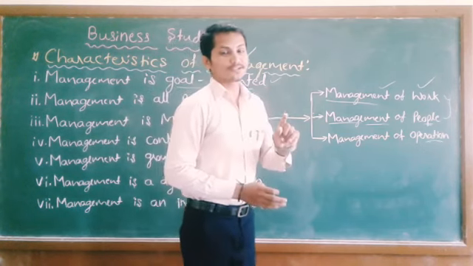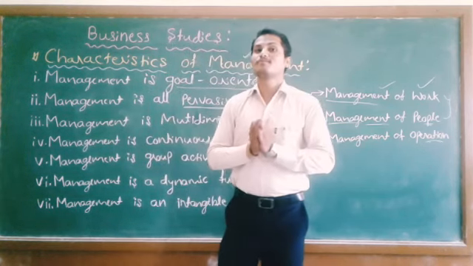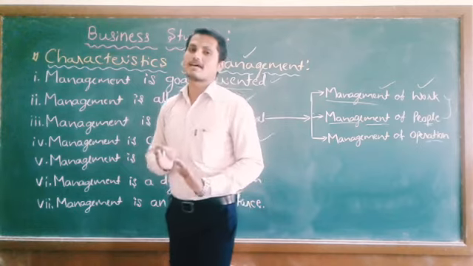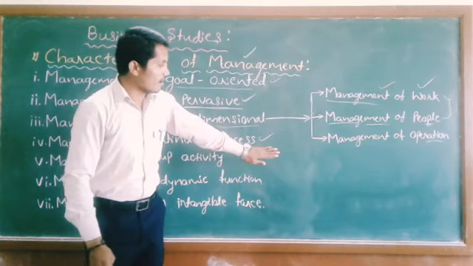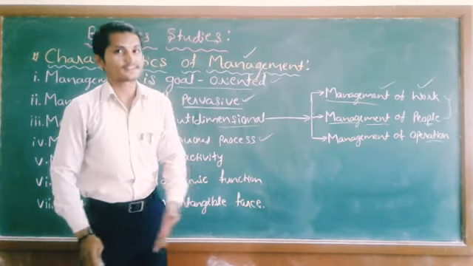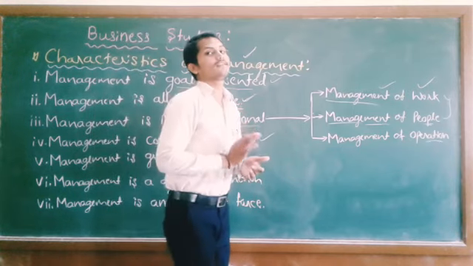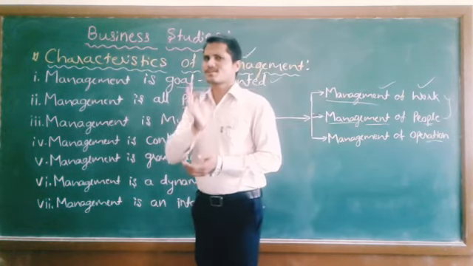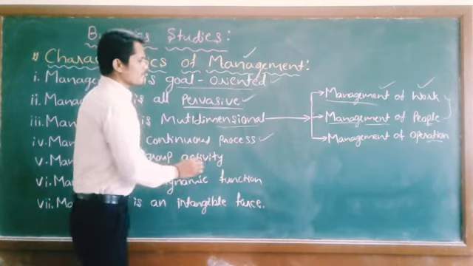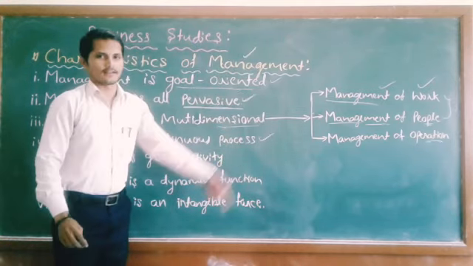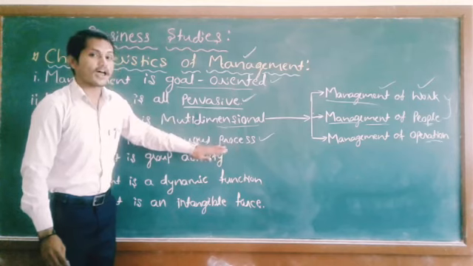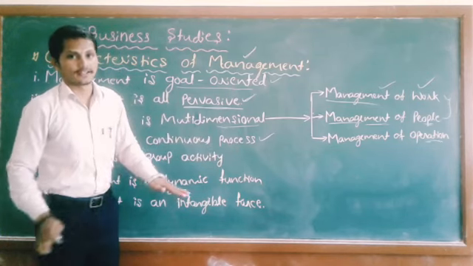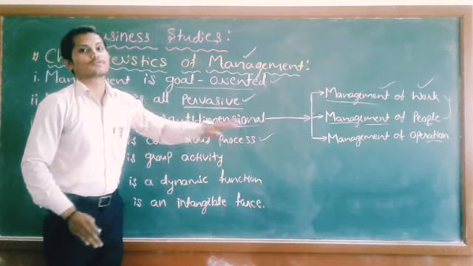Then there is staffing. After the staffing we direct them. Then lastly controlling is there. All these processes are covered. It is like one circular manner. That means the management never ends. It is a continuous process.